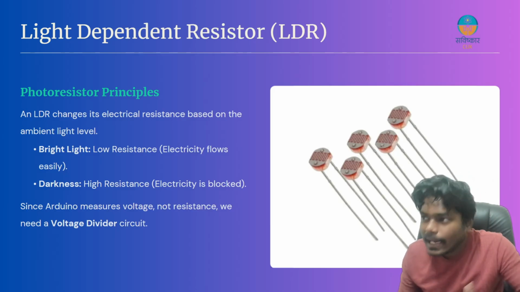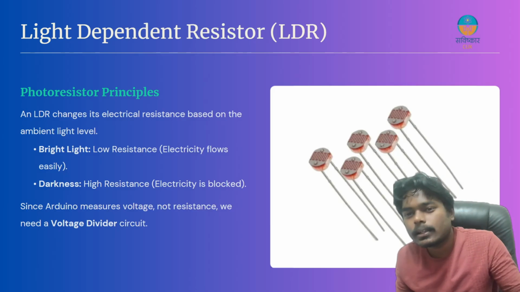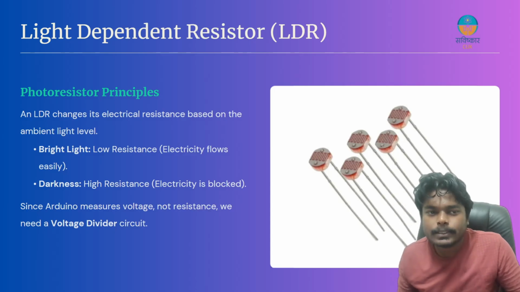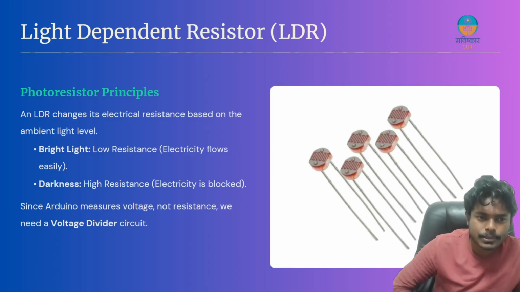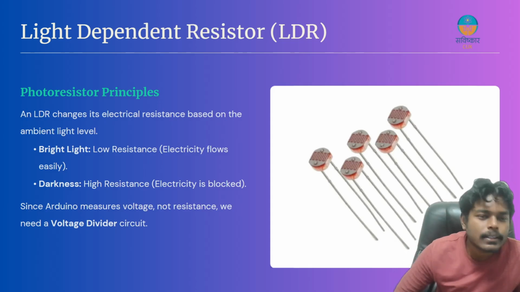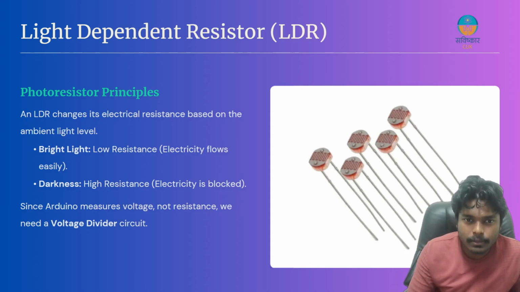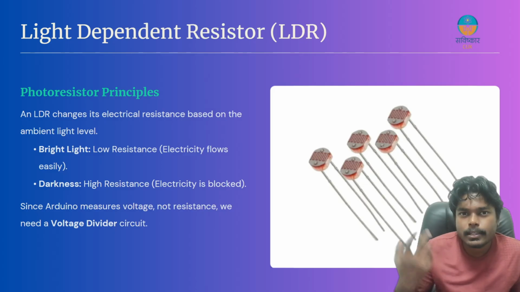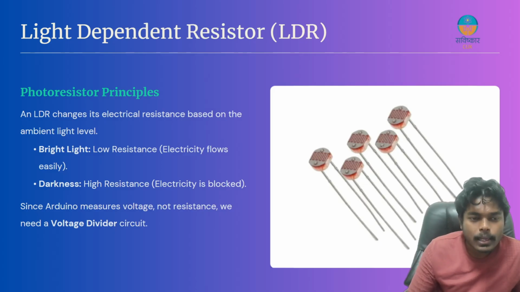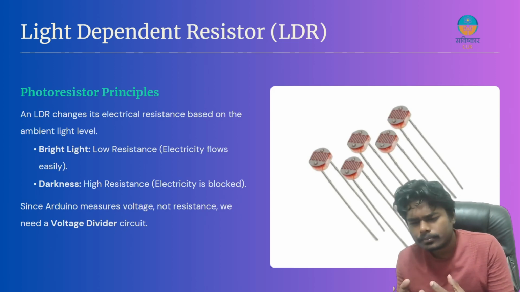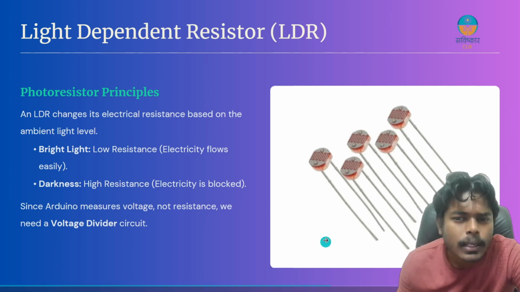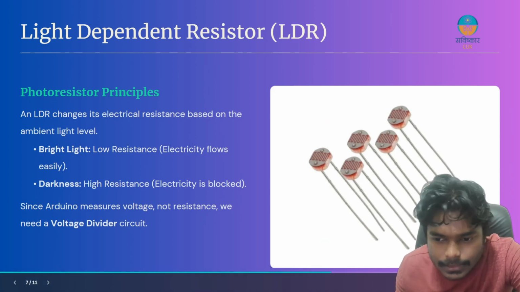How much light is falling on the sensor, as per that, it changes the resistance. The brighter the light, the lower the resistance, or the electricity will flow easily. But the darker it is, the higher the resistance becomes, or less electricity can flow through this resistance.